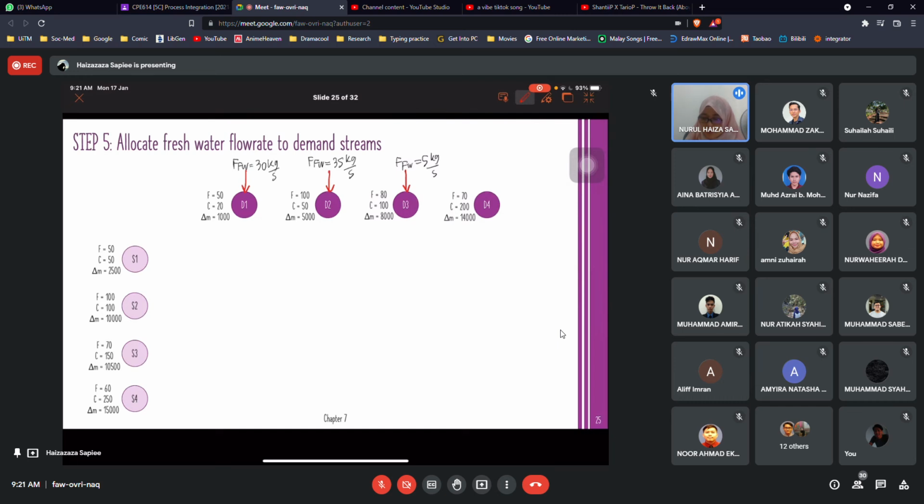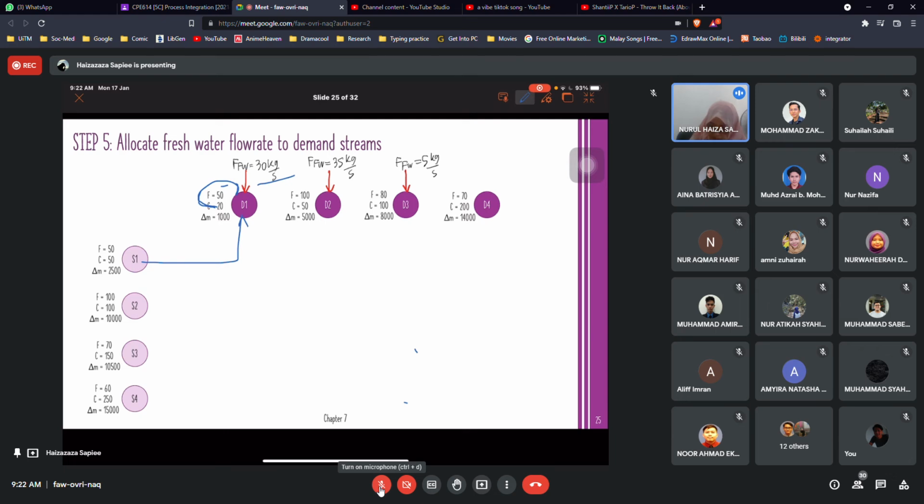This is going to be a bit hard using my finger, but hopefully we try. This is step 6. Right now here we need 50. We have already given 30. How much do we still need? 20. So where do we get that 20 kg per second from? From here, right?